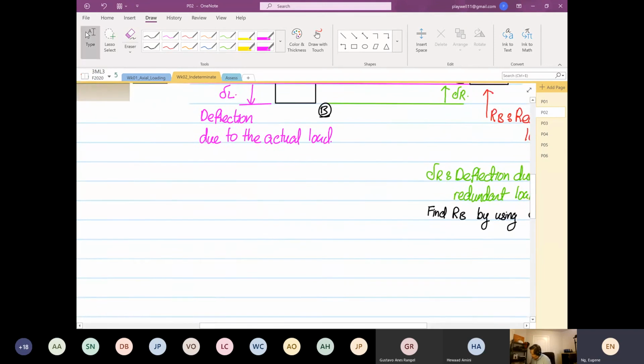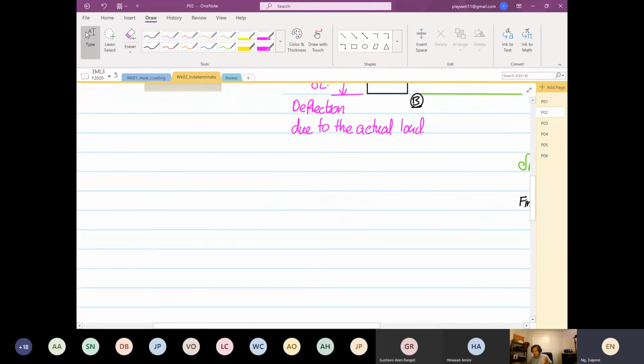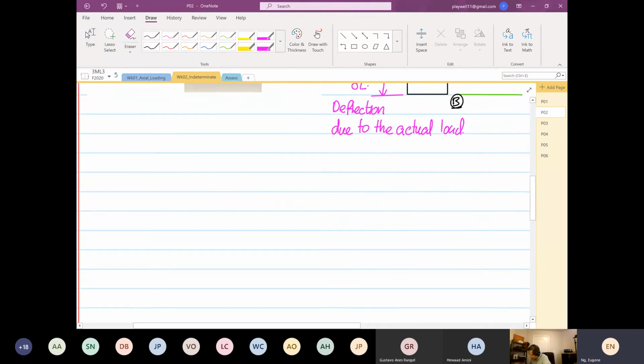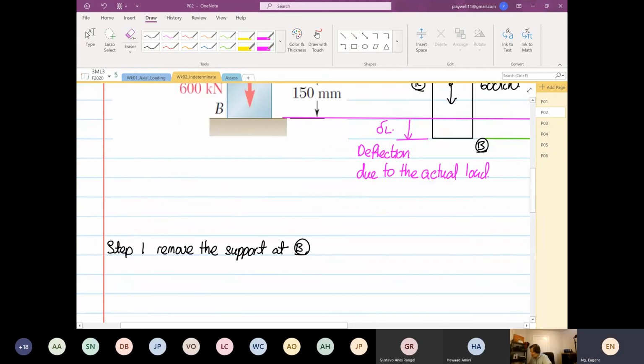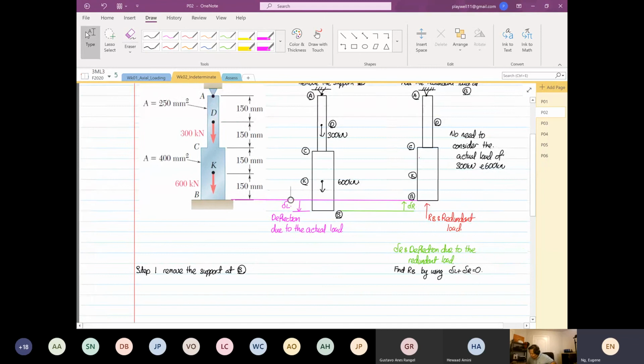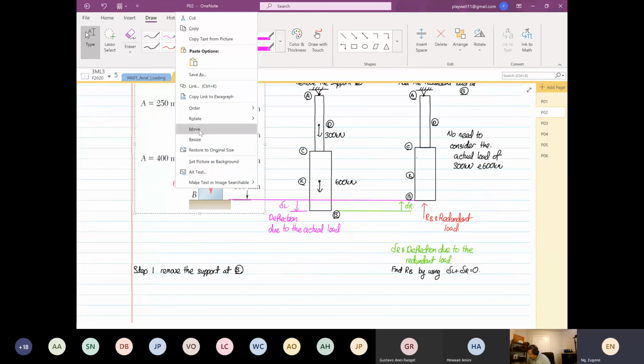So let's look at step number 1. Step number 1 is we're going to remove the support at point B. So I'm going to copy the diagram. Hold on.